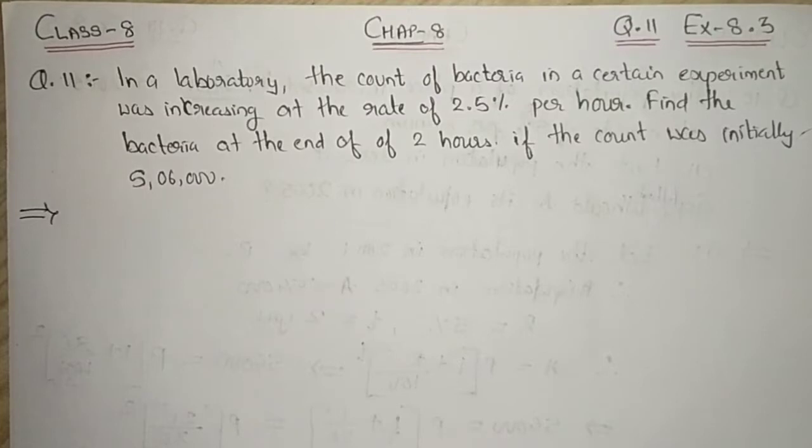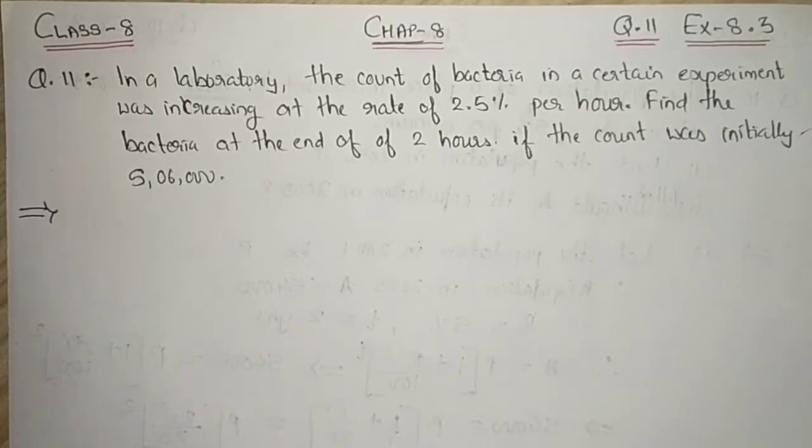Question number 11 says, in a laboratory, the count of bacteria in a certain experiment was increasing at the rate of 2.5% per hour.